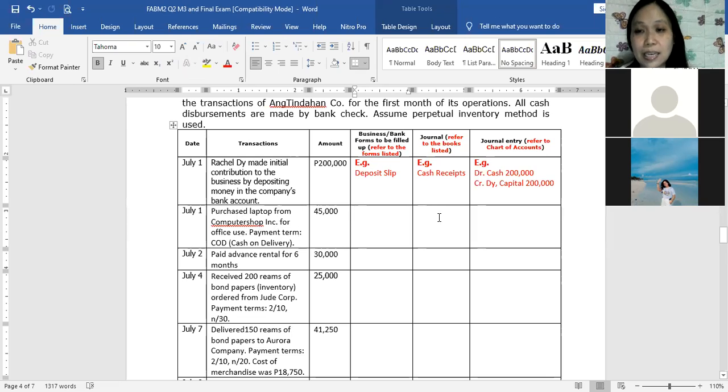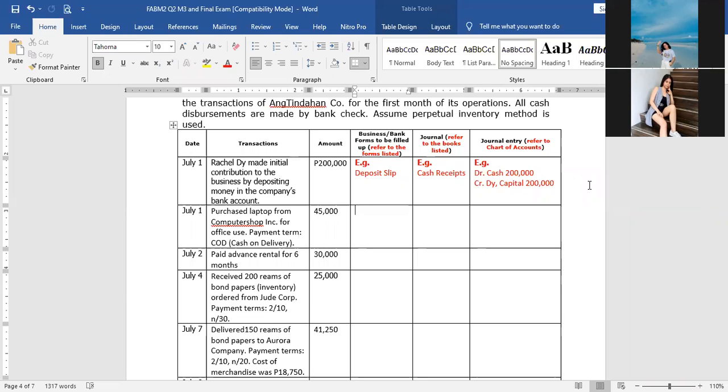Okay, I'll give you an idea. Since it is a purchase, I will give you two choices. Should I put it in the purchase journal or in the cash disbursement journal? Where? Anyone?